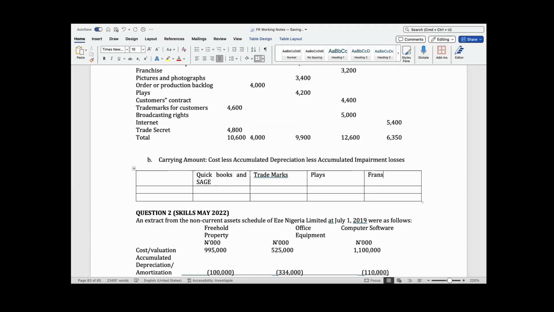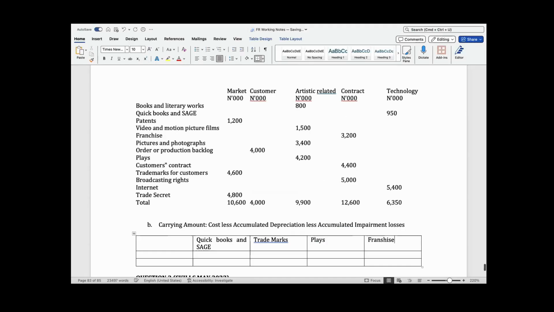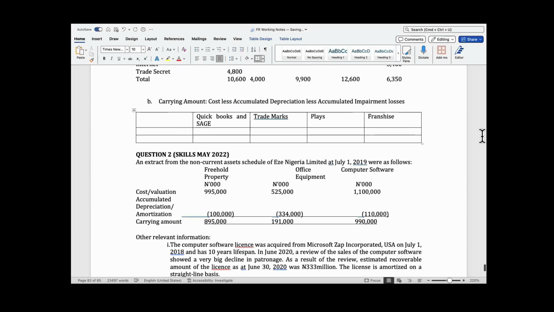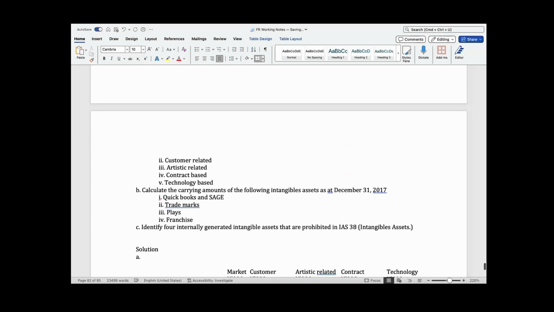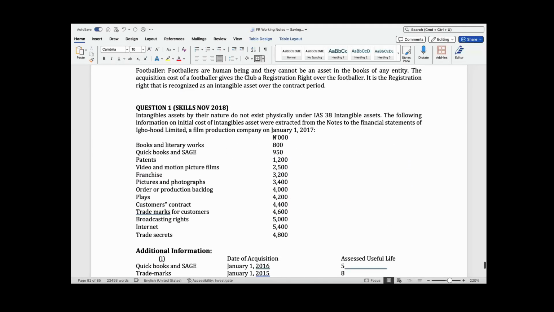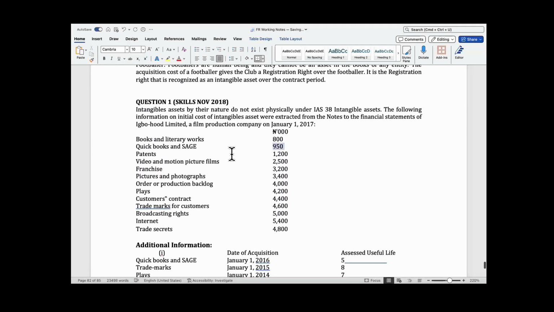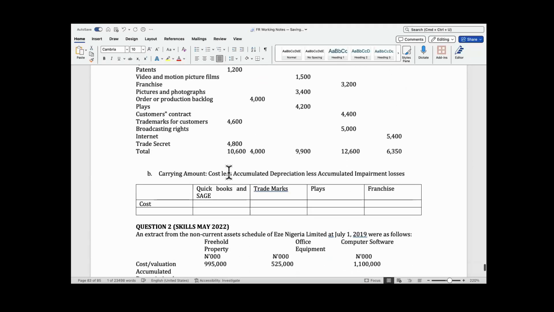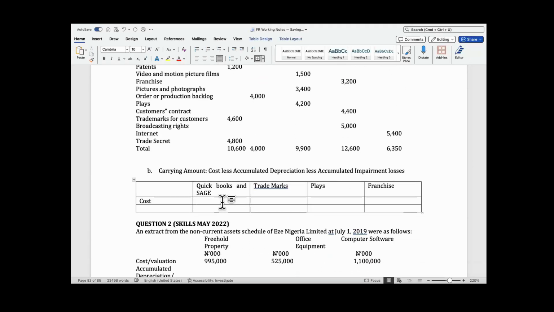And I want to do for franchise. Okay. This is it. So, what's the cost of Sage? Is it 950, Abi? 950. Don't forget to put your level of rounding off. Very important.